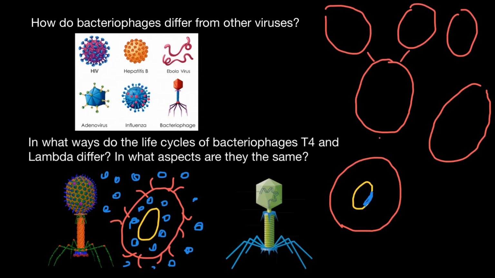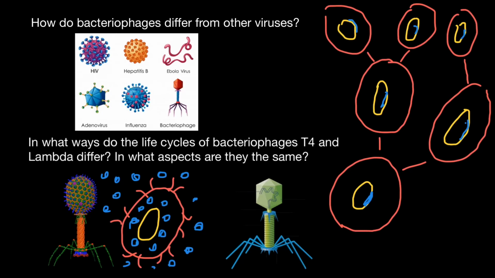So this is one pathway. Here is the genome of bacteria. I drew bacteria of different sizes, but of course they should be the same size. And here is the integrated genome of the virus.